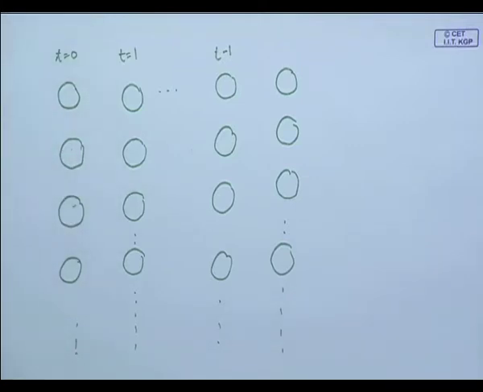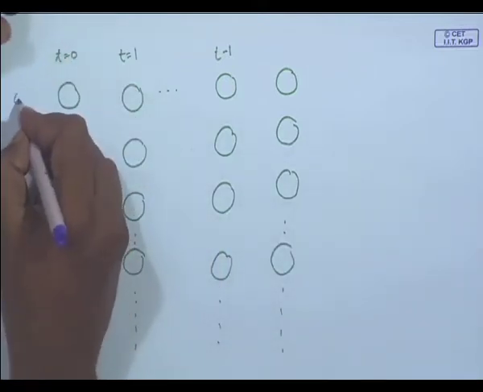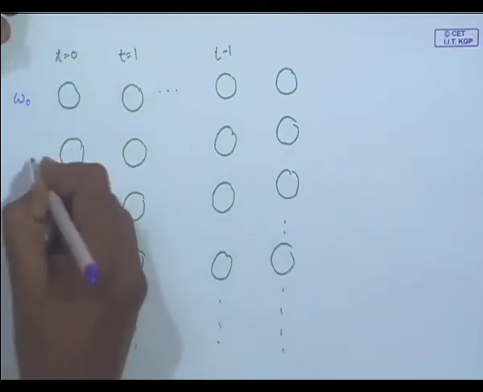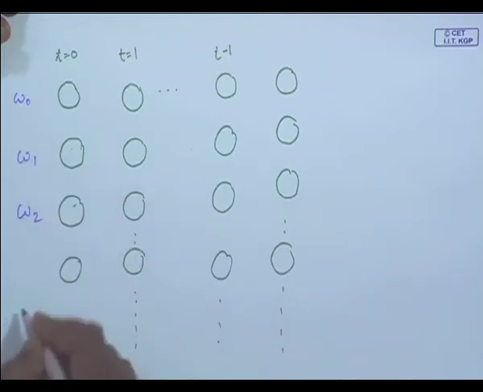It continues like this. So, the first row indicates omega 0, the second row is omega 1, then omega 2, say omega I, and somewhere I will have omega j and all this.